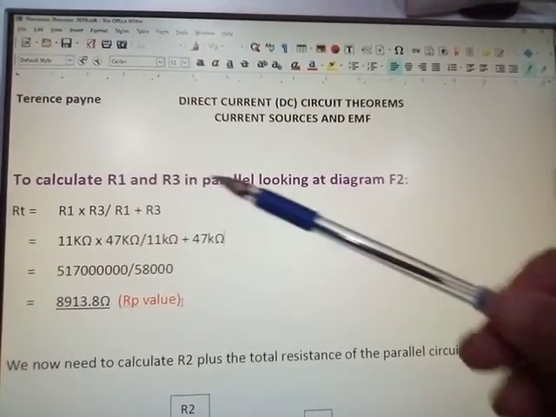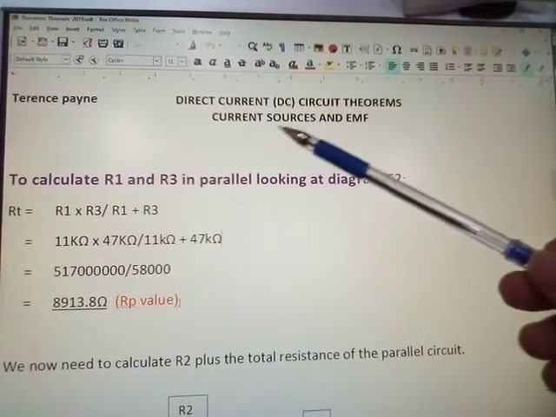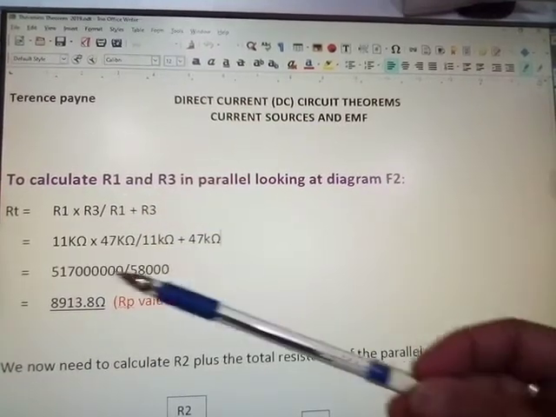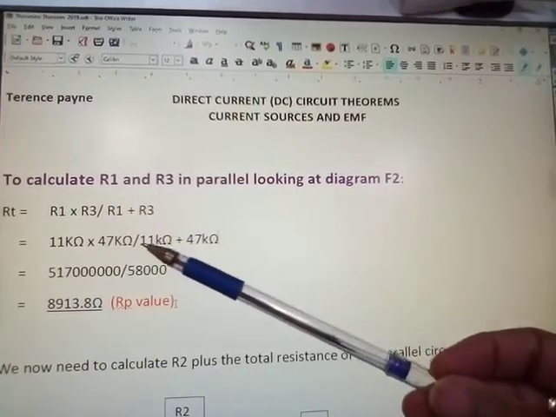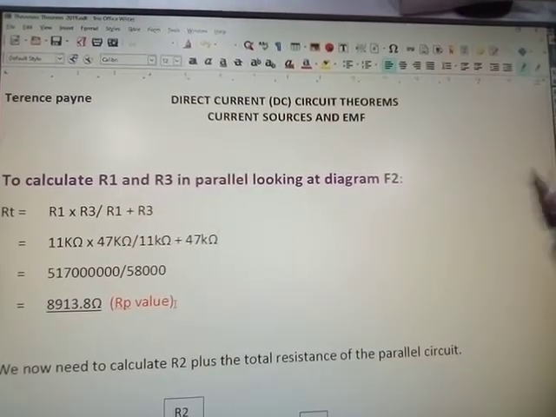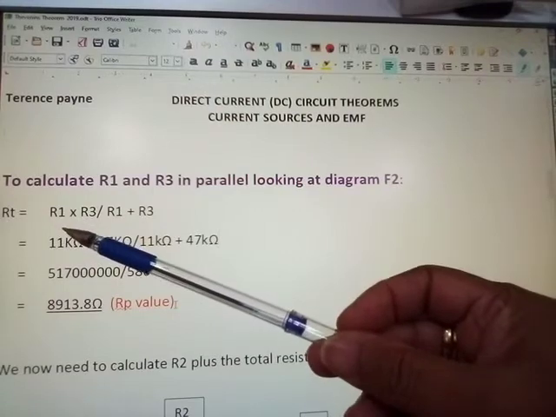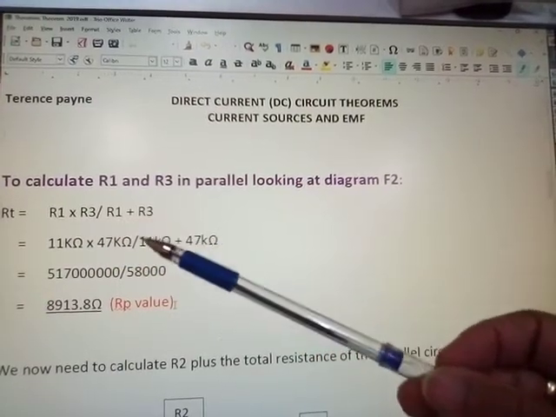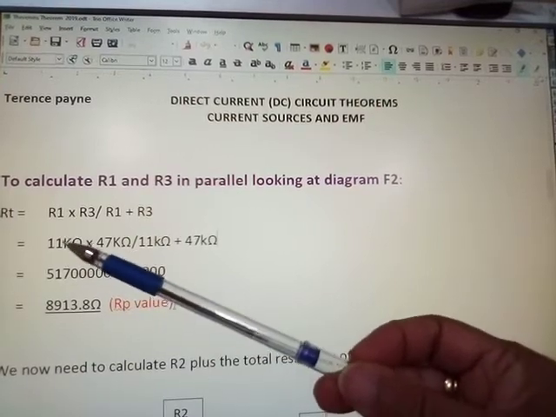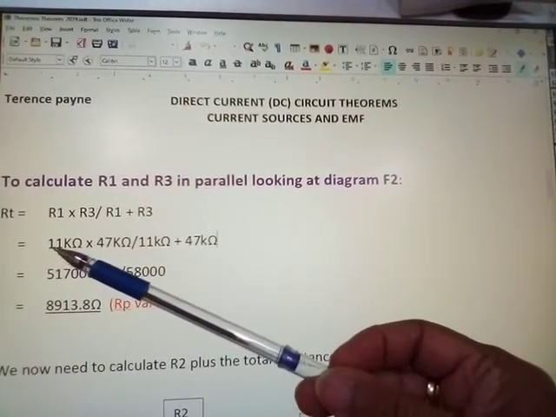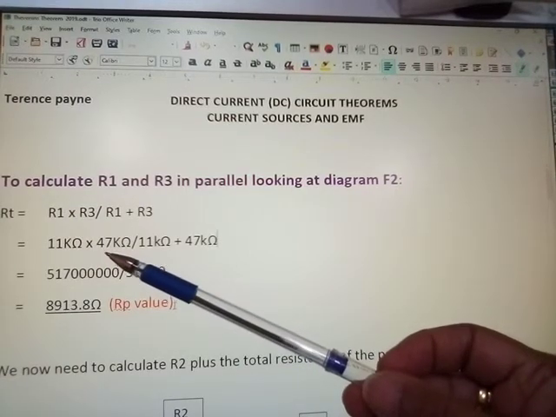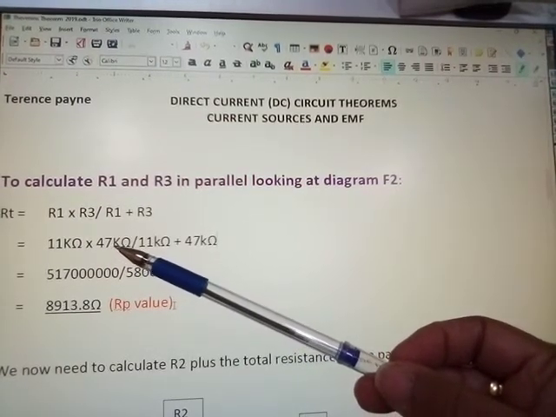Again, direct current DC circuit theorem, current sources and EMF. To calculate R1 and R3 in parallel, looking at diagram F2, I'm using the product over sum formula. Product over sum will be R1 times R3 over R1 plus R3. R1 is 11k ohms, R3 is 47k ohms.